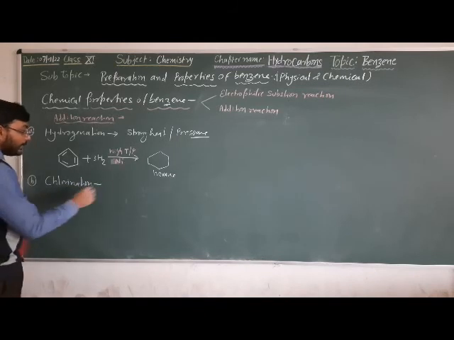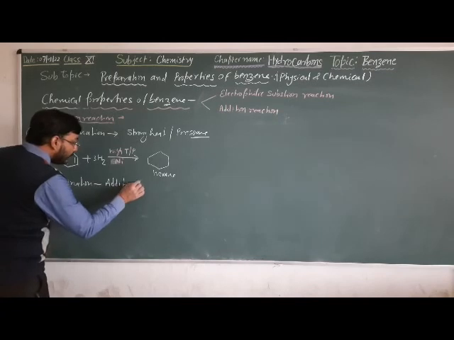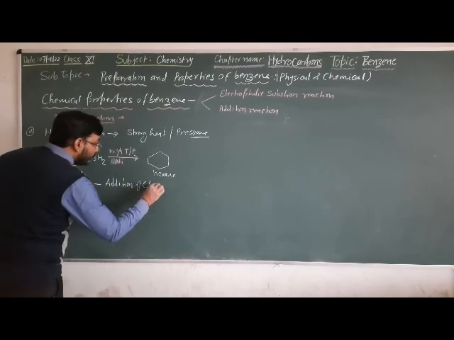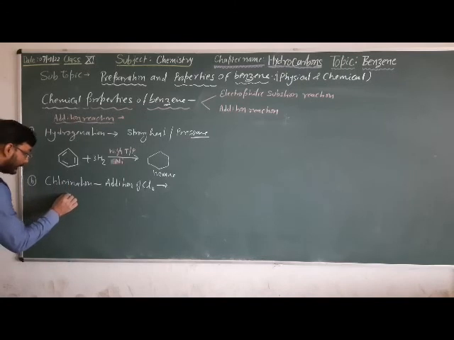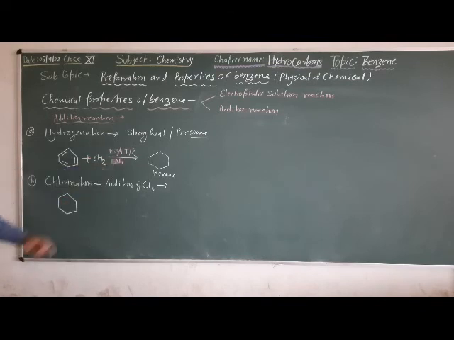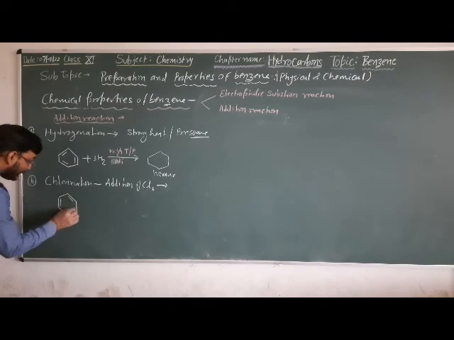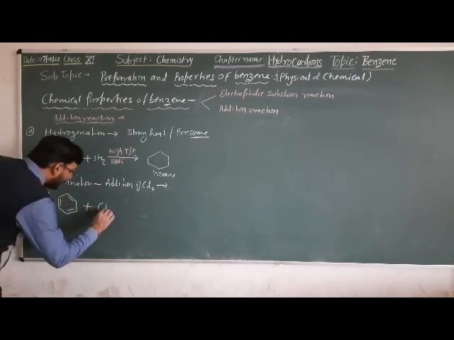Another is the B, this is the chlorination, the addition of Cl2, chlorine and the benzene. In the previous case, we observed the chlorination that is the substitution. There the chlorine atoms replace the hydrogen atoms and get attached there. But here it is something different.